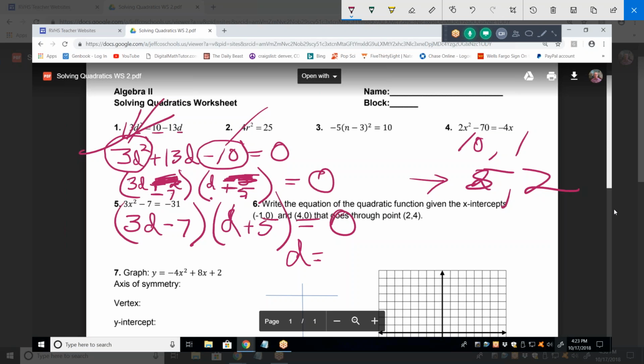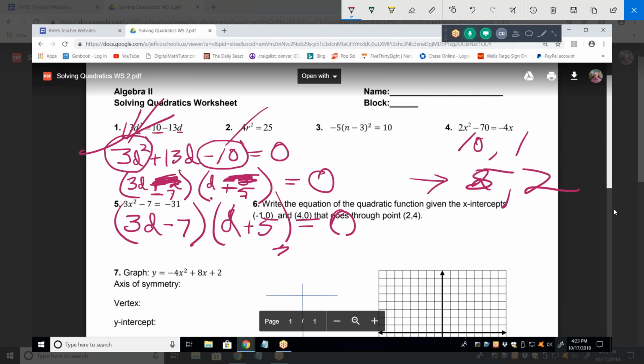Here, remember this and never forget it. It's the most important thing in algebra. When you have two numbers multiplied together that equals 0, what does one of those numbers have to be? 0. Always. So the way we're going to solve this is by setting each one of these things to 0.